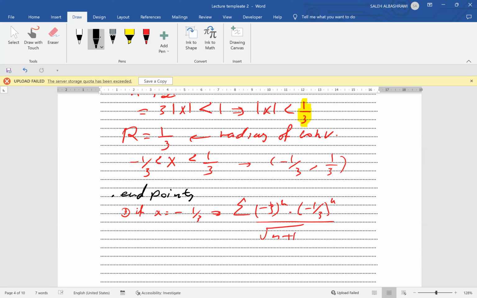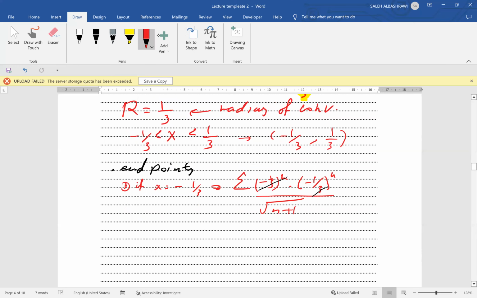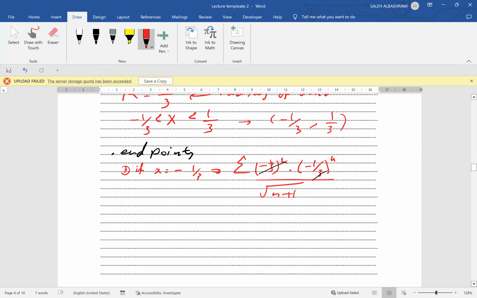But this (minus 3) to the power n will cancel with the (minus 1/3) to the power n. So I will have only 1 over the square root of n plus 1. But this series is divergent.